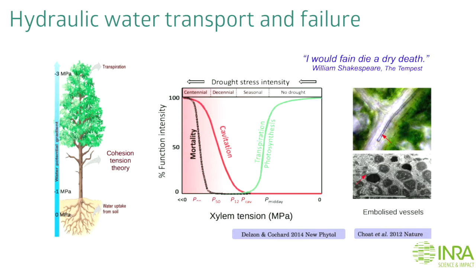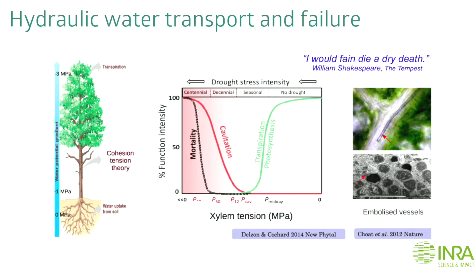What you can see on your x-axis, going from your right to your left, is an increasing water pressure. So you go from 0 on your right to minus 60 bars on your left. As you go from right to left, the water potential inside the plant gets more and more negative.